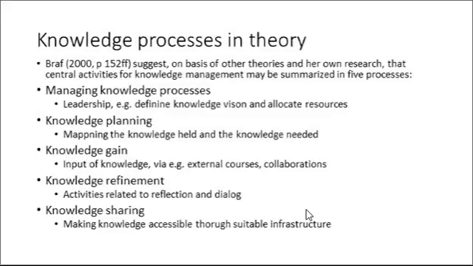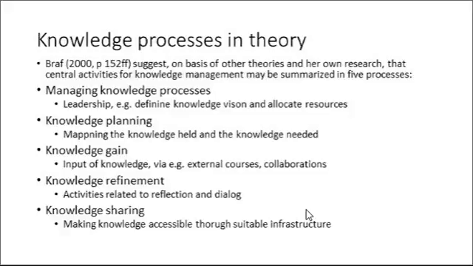Eva Braff presents 5 processes that summarize central knowledge management activities. The first, managing knowledge processes, relates to leadership and includes activities such as defining an overall knowledge vision and allocating resources to knowledge work.